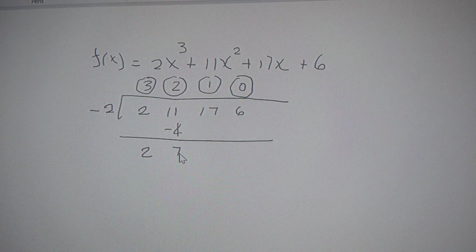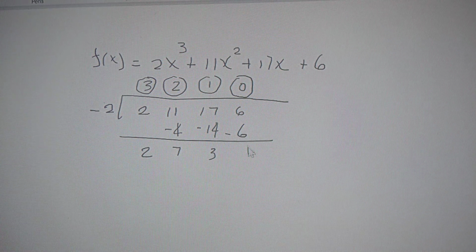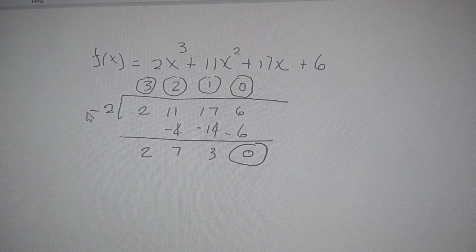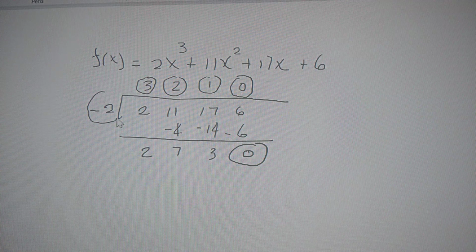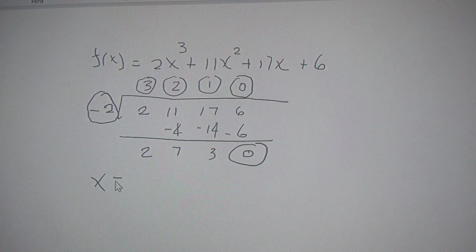That'll be 7. 7 times minus 2, that will be minus 14. That will be 3. 3 times minus 2 is minus 6. There it is, there is one root. That means the residual is 0. That means minus 2 is a root.